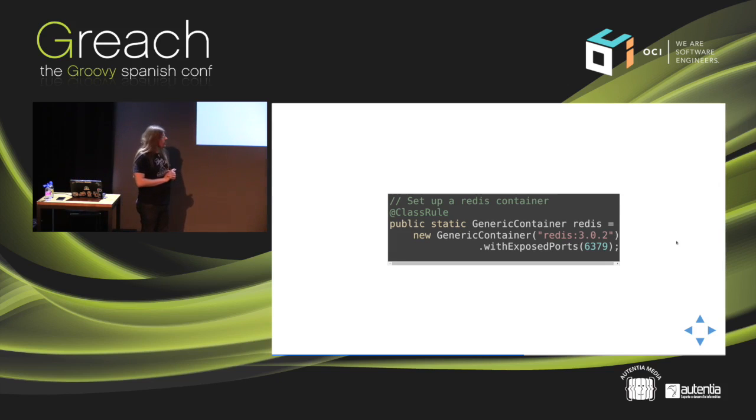So no annotation here. You define a field in your JUnit test. In this case, it's a generic container, so it could be any container you configure yourself. You define an image. It's a Redis image with a version, just typical Docker style. And then you have additional API stuff like here an exposed port. And it will do all the work for you.